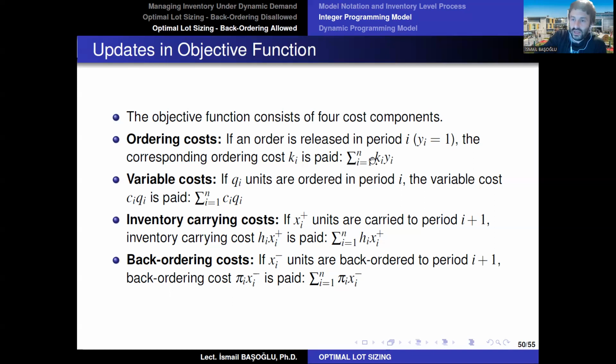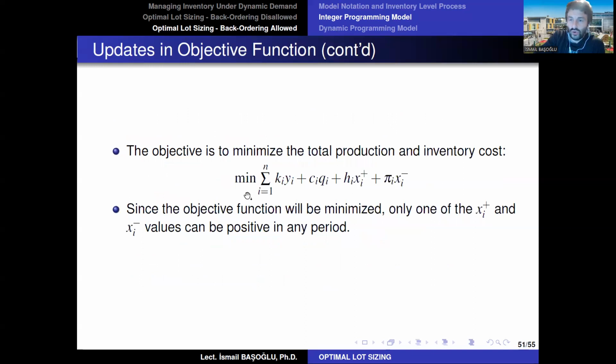As you can see, each component is expressed as a summation over the periods. Therefore, when you combine all of them in a single summation, for each period, you are basically calculating 4 cost components: ki yi, ci qi, hi xi plus, and pi xi minus. Okay. Now, we have not updated anything in the constraint set yet, but when you look at this objective function, you will see that this objective function will not decide both xi plus and xi minus to be positive.